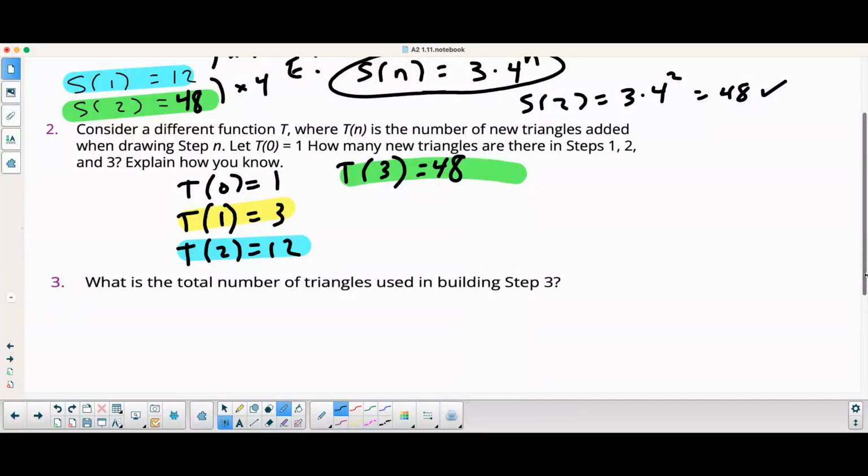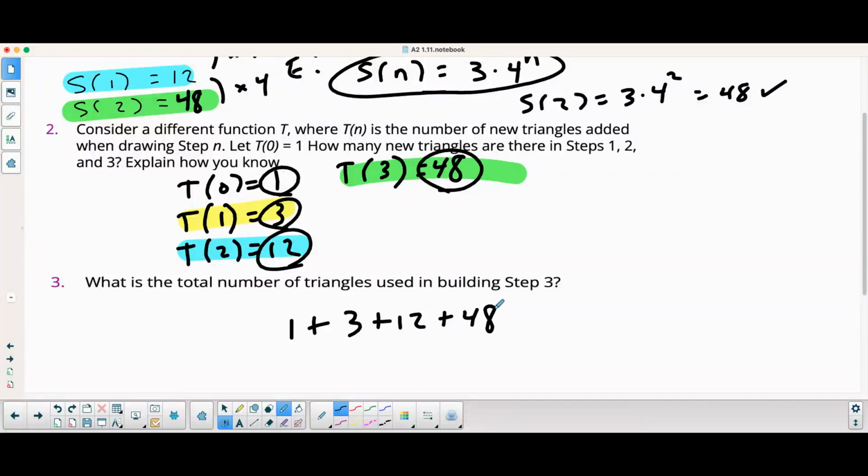Okay, so if I take all of these here, 1, 3, 12, 48, if I add them up, that should give me the total number of triangles that we had to use. So that would be 64. Okay, so we're adding up all of those to get that answer.